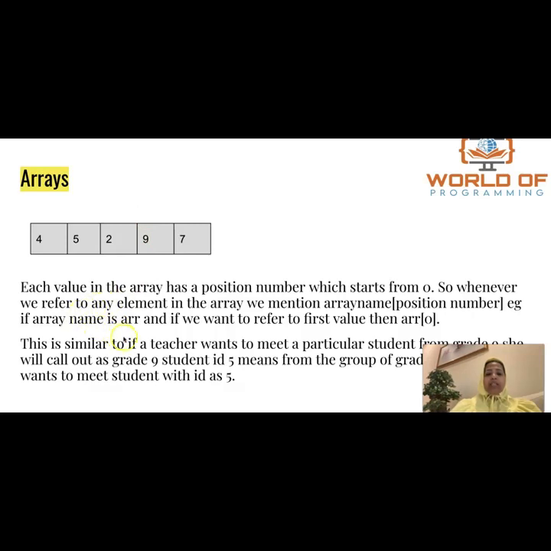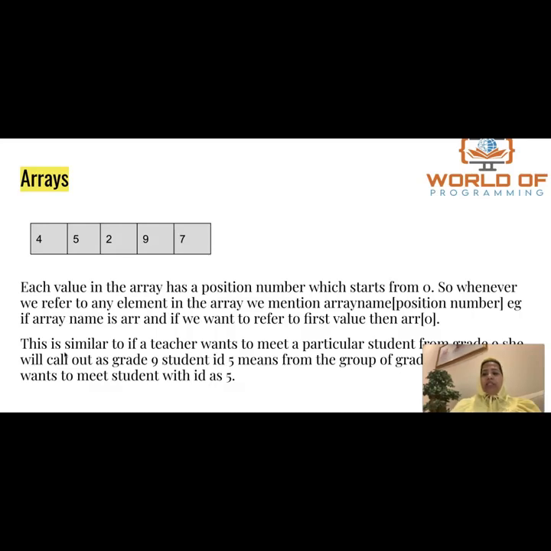Now, this calling out by using the group name and the position number, if you want to understand, you can relate it to an example where, suppose you are referring to a group of students who are studying in a particular grade. So again, that is a group. Let's say grade 9 is a group of students who are studying in grade 9.